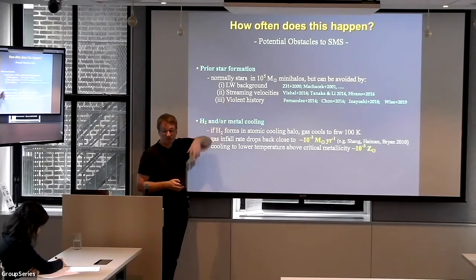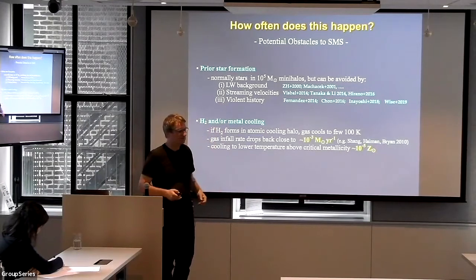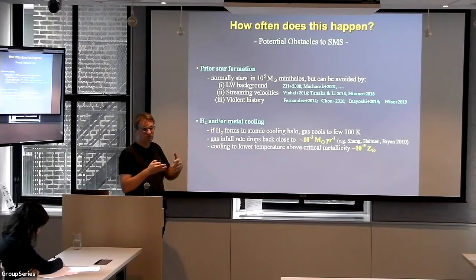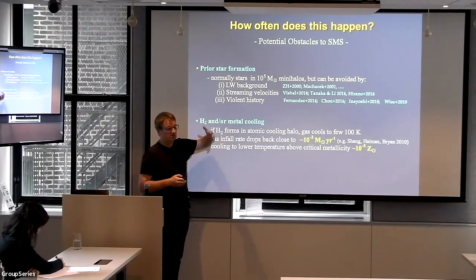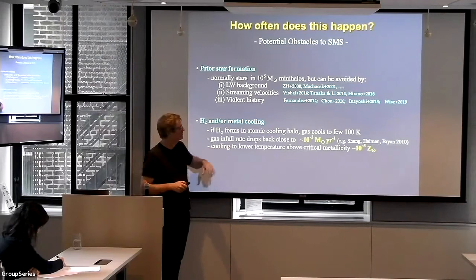These streaming velocities are perturbation theory, so they have a Gaussian distribution. And in 2-3 sigma upward deviations, where these streaming velocities are large, you can actually postpone star formation all the way up to these atomic cooling halos, not in a typical location in the universe.